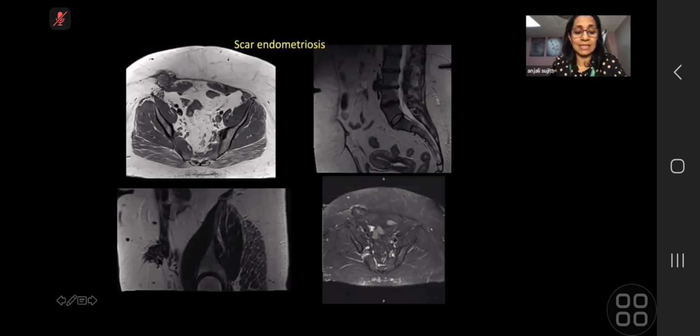It does show some tiny cystic structures. It has some spiculations. So this is in keeping with an endometrioma, scar endometriosis, and this is a tiny microhemorrhage. On this slice of uterus, we can actually show the lower segment cesarean scar, which is a clue that this is scar endometriosis.